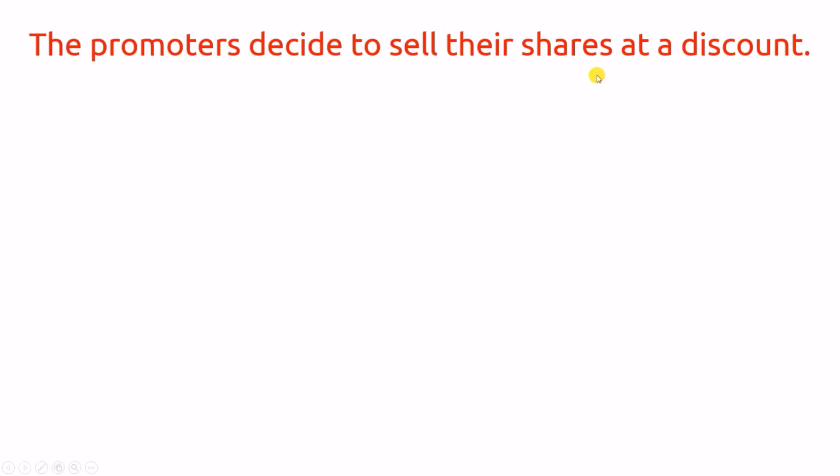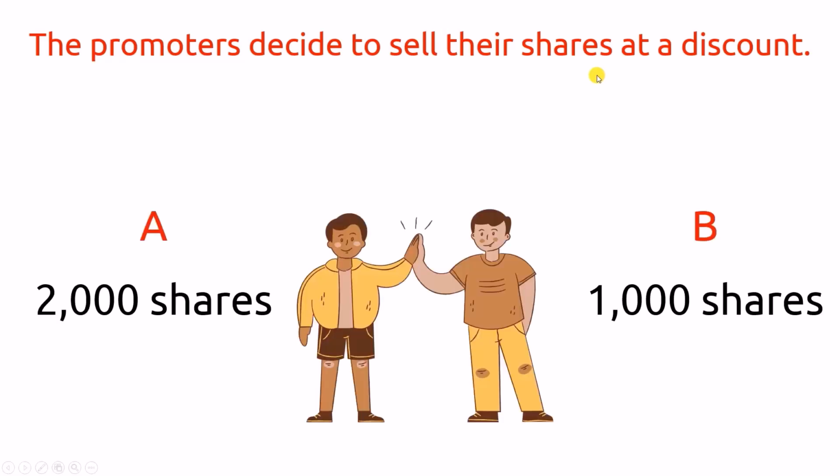And when they do so, it is called an offer for sale. So if promoter A and promoter B, who have 2,000 and 1,000 shares, offer the shares at a discount to the public, then it is called an offer for sale.